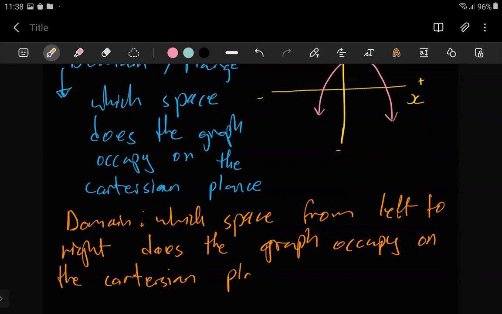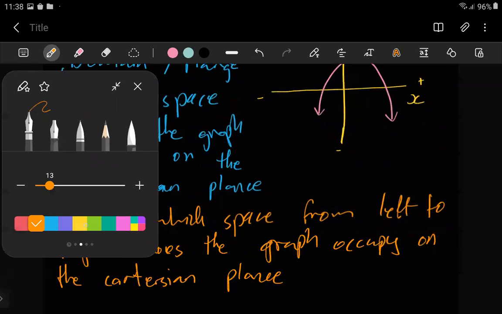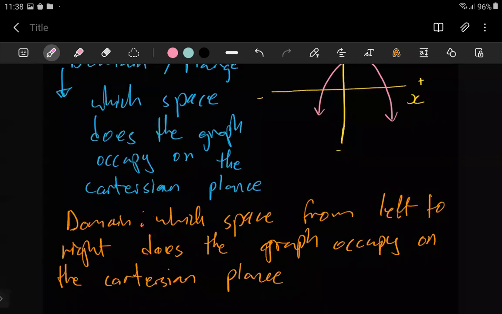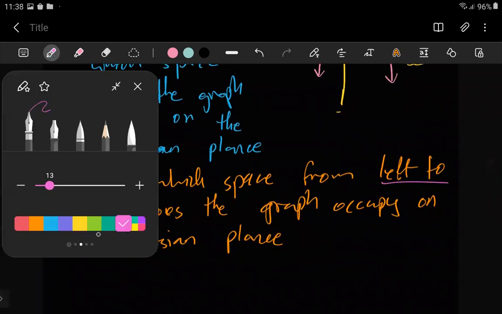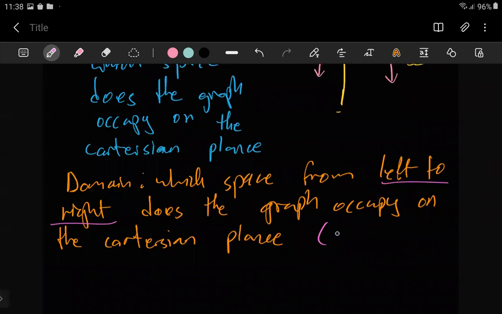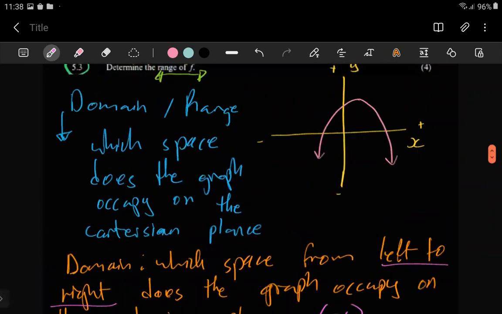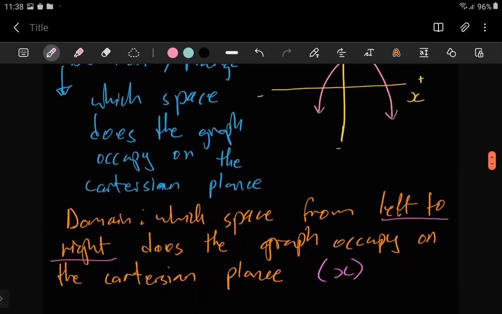That's what domain will be asking you. It's specifically targeting the left to right version of the Cartesian plane. Hence when we talk about domain, we speak about x, because x is the one that goes horizontally.